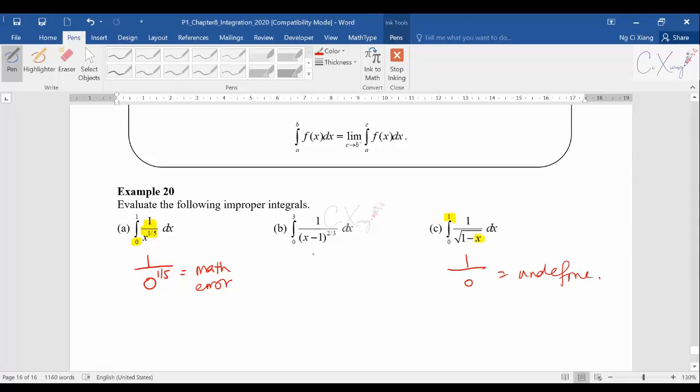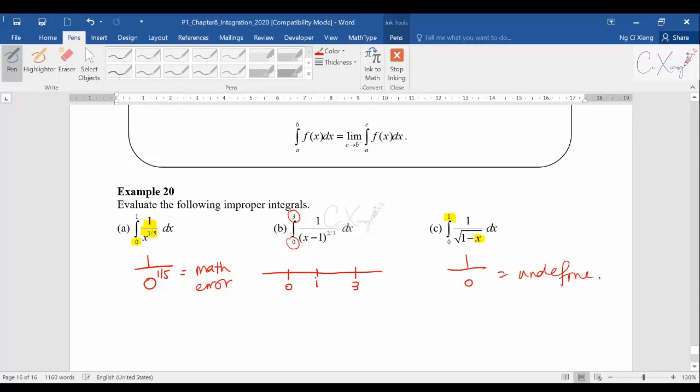Okay, then part B is a bit complicated. If you look at 0 or you look at 3, no matter you put in a 0 or a 3, you will realize that this function actually is defined. But you are having 0 and 3 here, and when you do this integration, in between you're having a value 1.